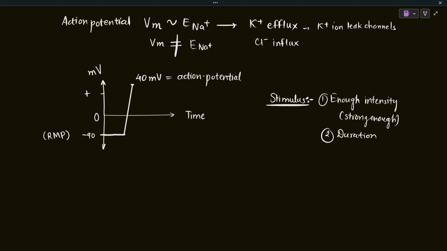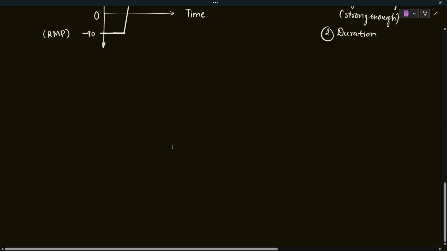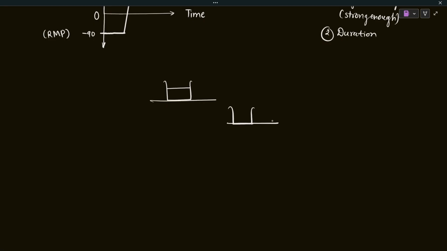Once this action potential is reached, it's like water at high potential, which has a tendency to flow towards the lower potential. So this is the high potential and this is the low potential, and when you join them by a tube, the water will flow from here to here.